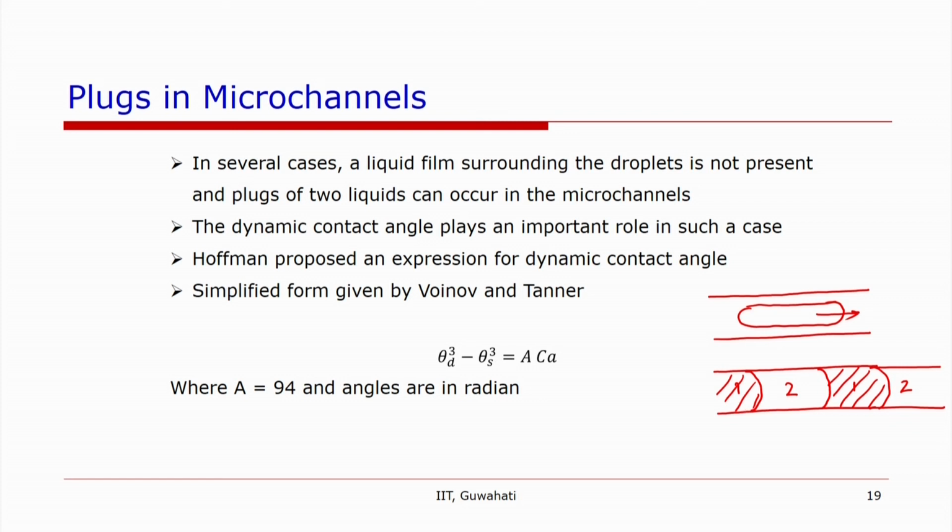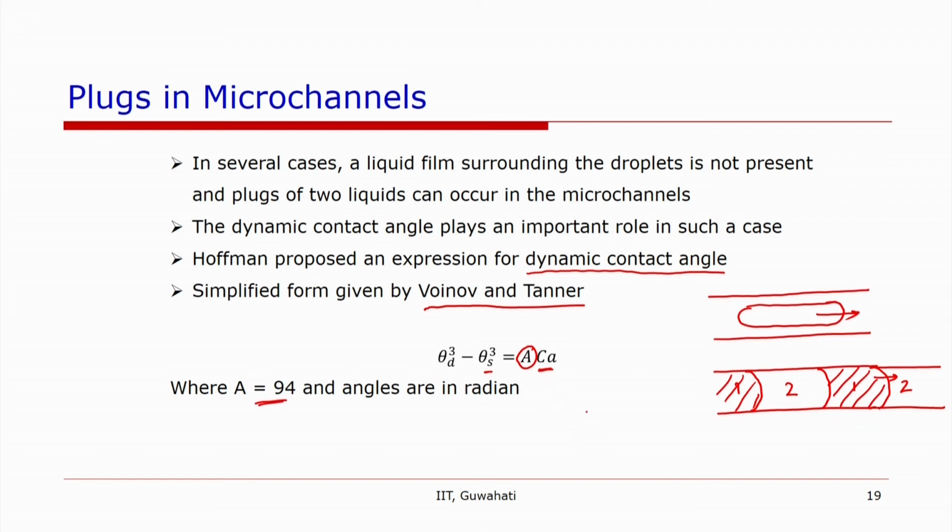And in such a case, the contact angle is going to play an important role, and because the interface is moving, the contact angle is not going to be static, but it will be a dynamic contact angle. So Hoffman proposed an expression for dynamic contact angle, which was simplified by Tanner, which says that dynamic contact angle can be given as a function of a static contact angle and capillary number and a constant A, which has a value of 94 if the angles are in radians.